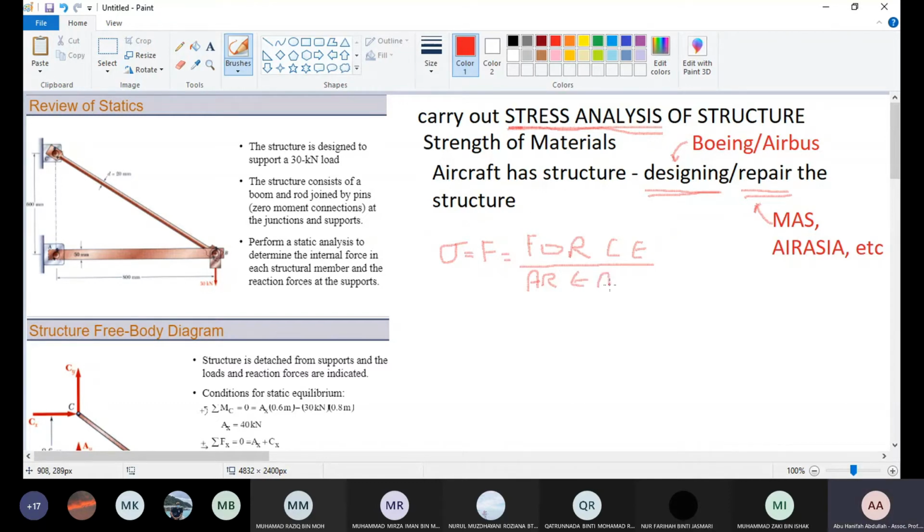Area, cross-sectional, perpendicular to the force. Force also, you can say it is equal to load. Okay, load. Force over area, a load over area. So this is the stress.